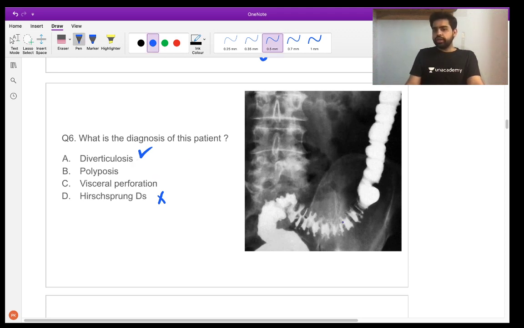Why is it diverticulosis? Can you see this kind of thing? This is basically the typical sawtooth appearance. What is being shown in this figure? It is a sawtooth appearance.